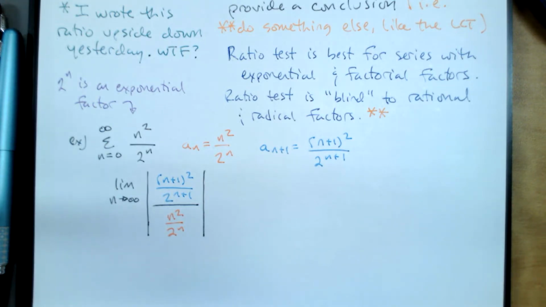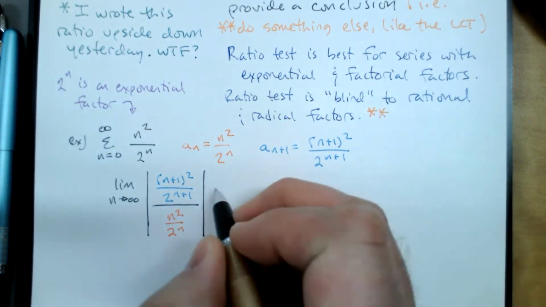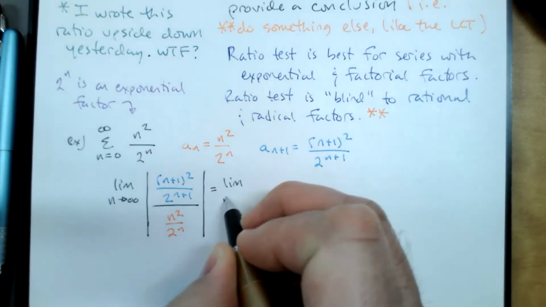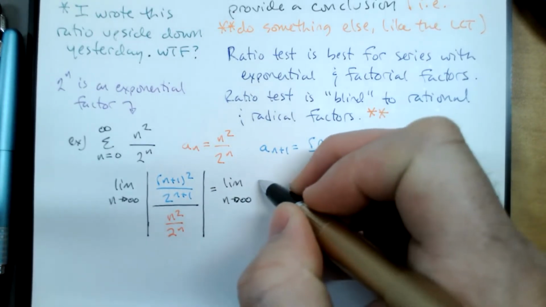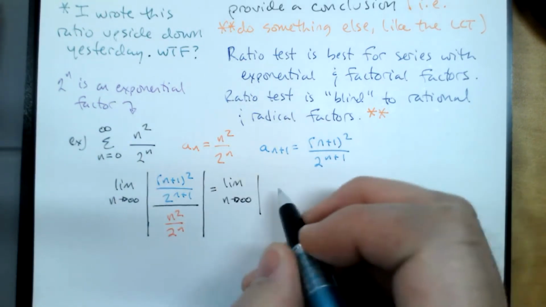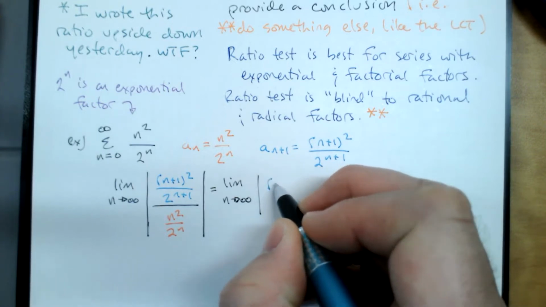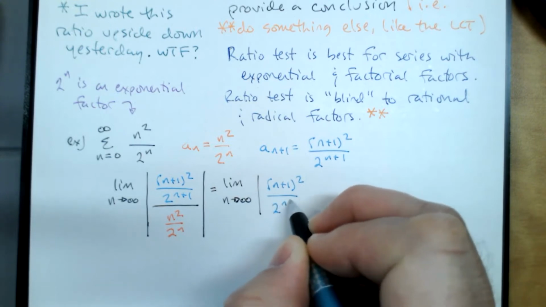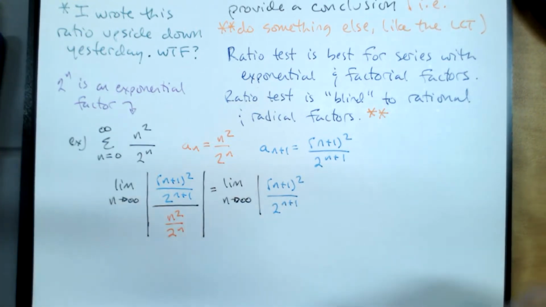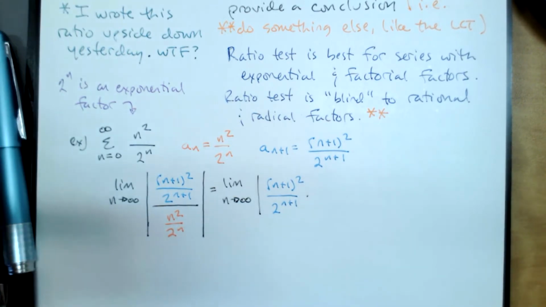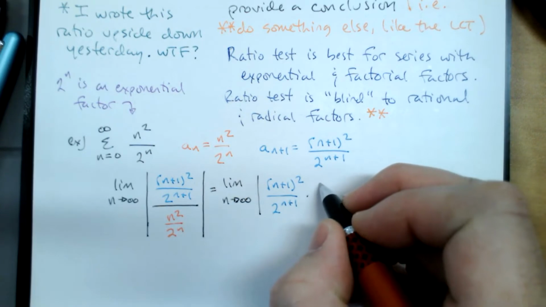So we're going to do the top times the reciprocal of the bottom. And then some cancellation is going to happen. How we'll typically write this, since this complex fraction takes up so much space: instead of dividing by n squared over 2 to the n, we'll multiply by the reciprocal, 2 to the n over n squared.